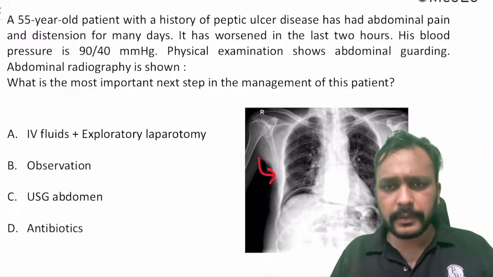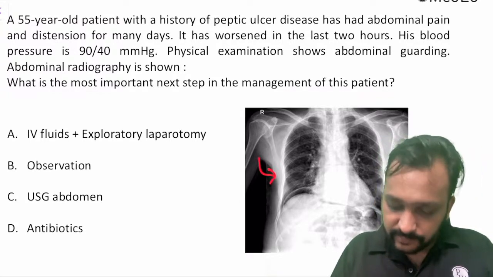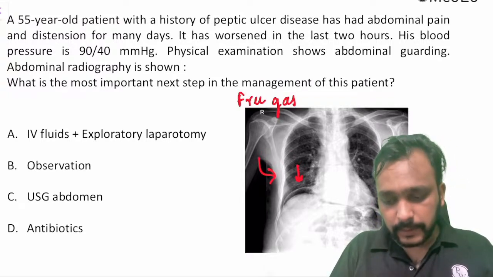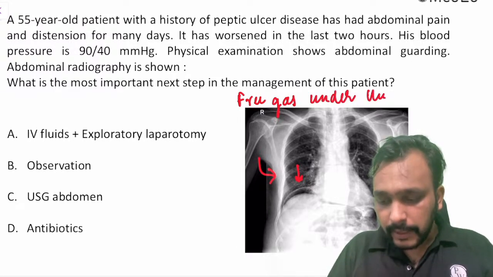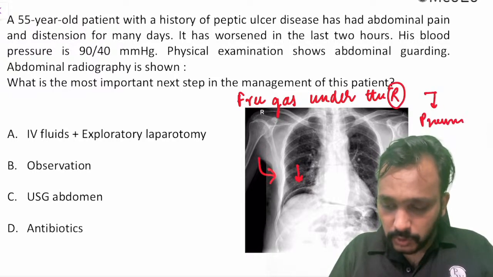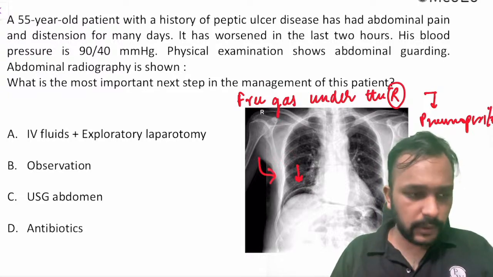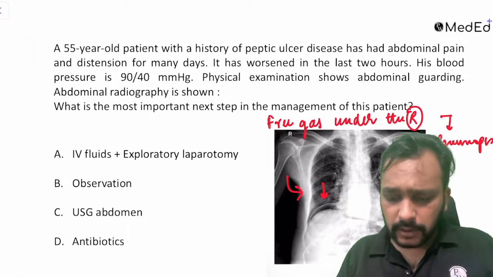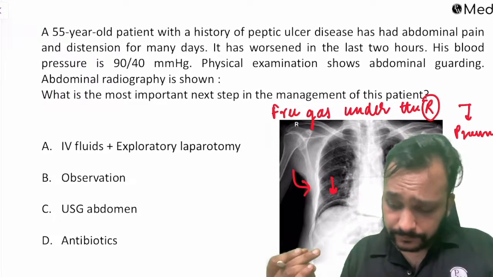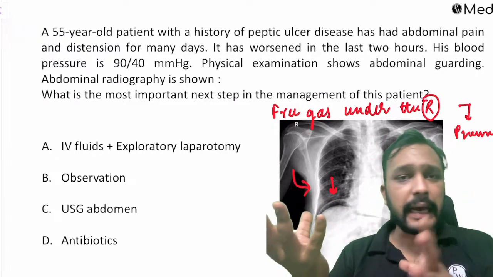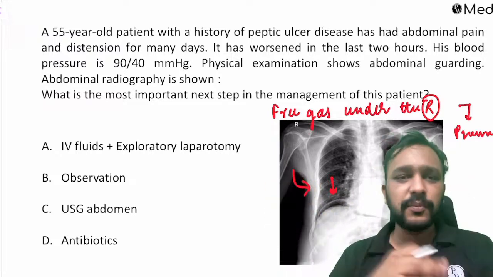We have been shown an abdominal radiograph. What is this abdominal radiograph showing? We can see, guys, that there is free gas under the right dome of diaphragm, and this is seen in a patient with pneumoperitoneum. Whenever there is any injury to the bowel, or whenever there is obstruction, your bowel loops can rupture because of the increased intraluminal pressure.